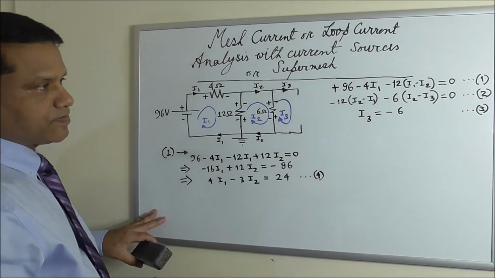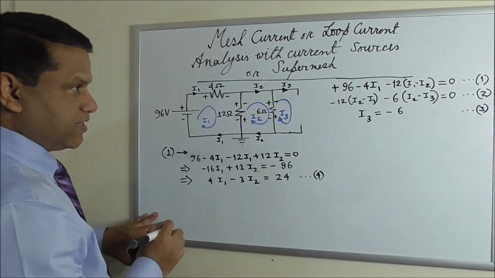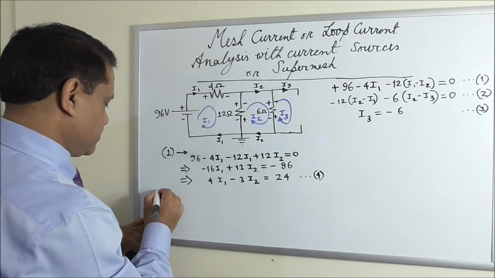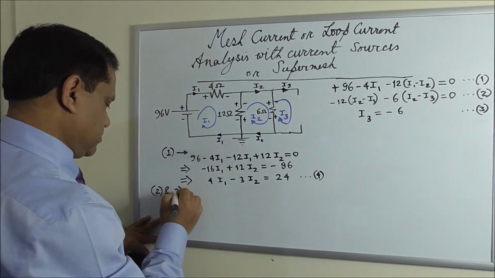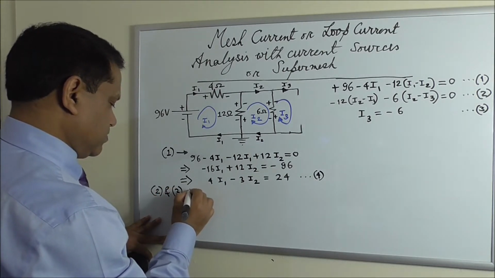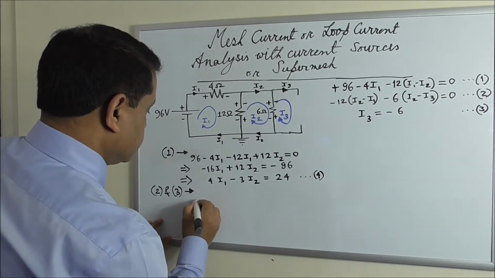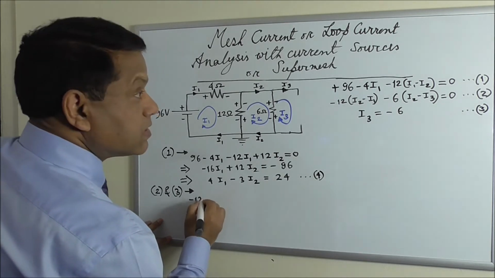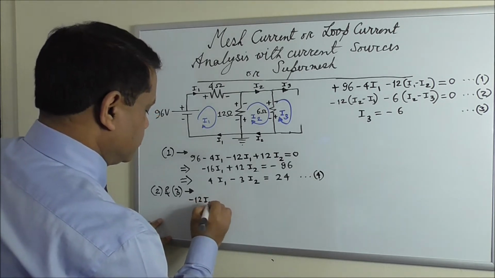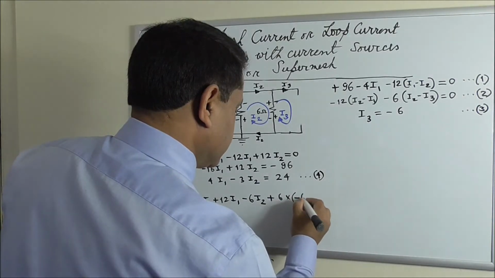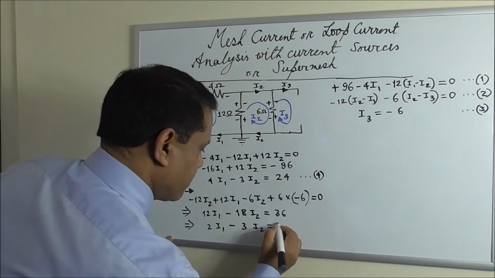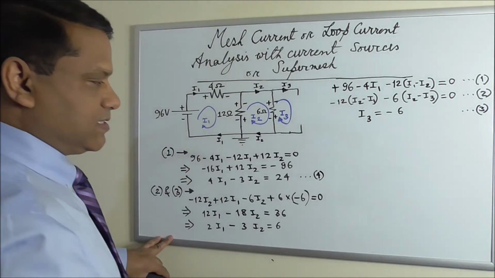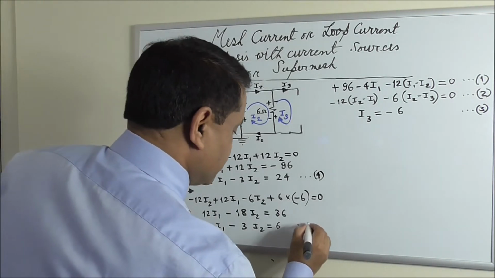Now from equation 2 and 3 together, minus 12 I2 is equal to 6. This is our fifth equation.